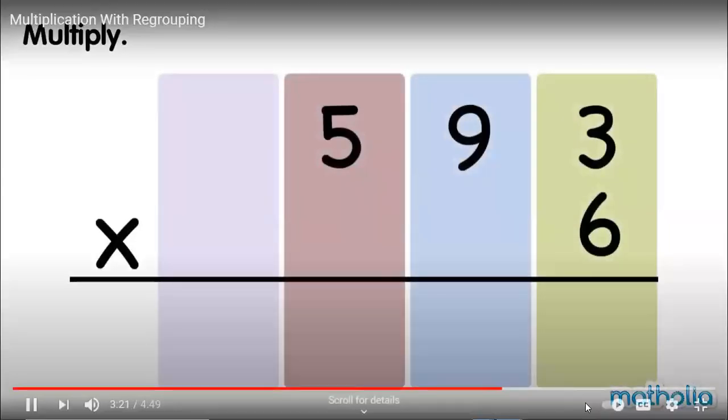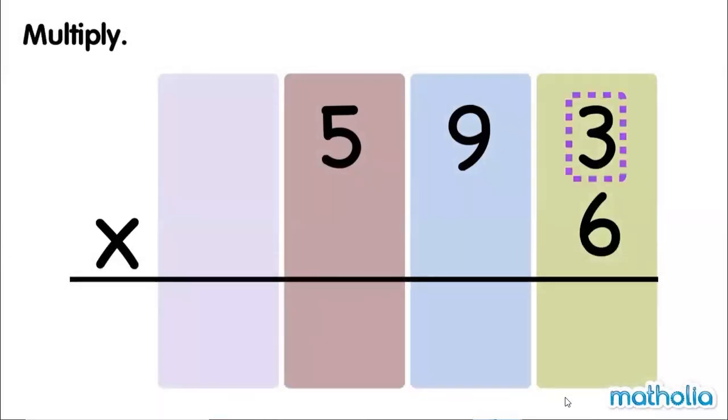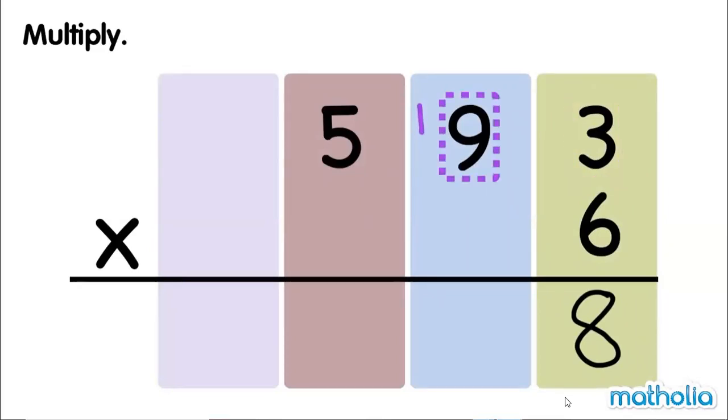Let's find 593 times 6. Multiply the ones by 6. 3 ones times 6 equals 18 ones. Regroup 18 ones into 8 ones and 1 ten. Multiply the tens by 6 and add the regrouped tens. 9 tens times 6 equals 54 tens. 54 tens plus 1 ten equals 55 tens.